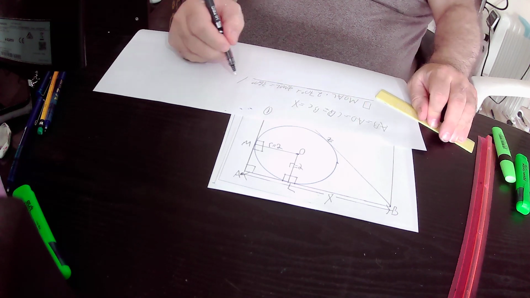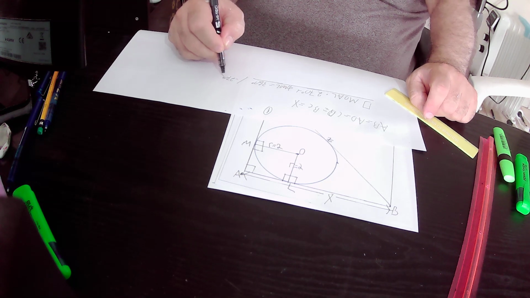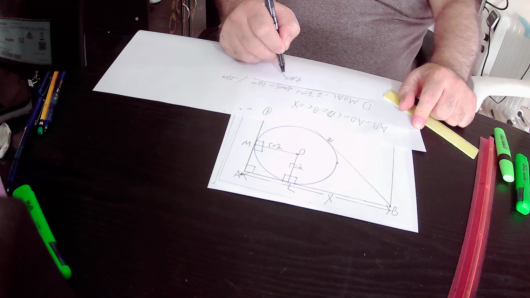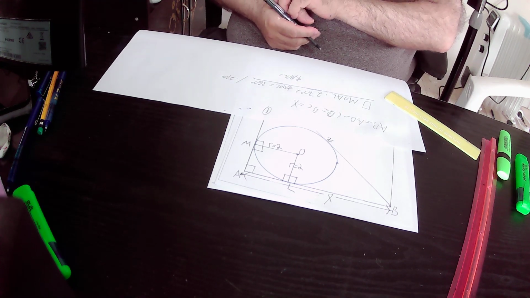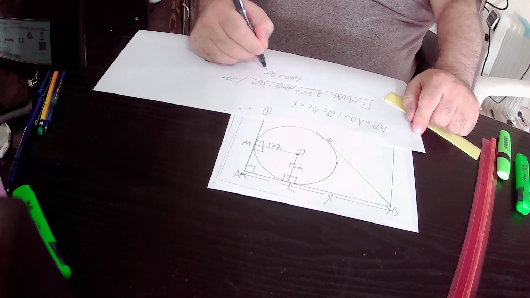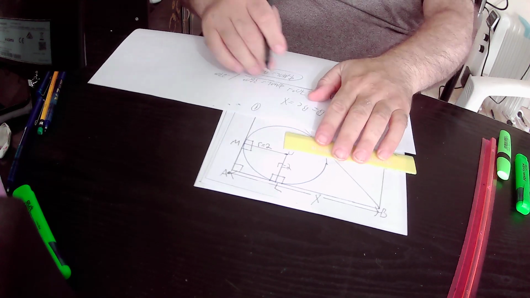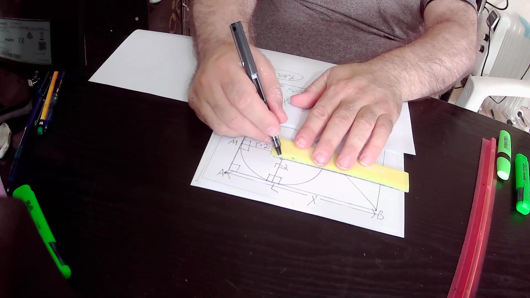Here we subtract 270 degrees from this equation, and we get that the missing angle, angle MOL, is equal to 360 degrees minus 270 degrees, which is 90 degrees. So angle MOL is a right angle, equal to 90 degrees.